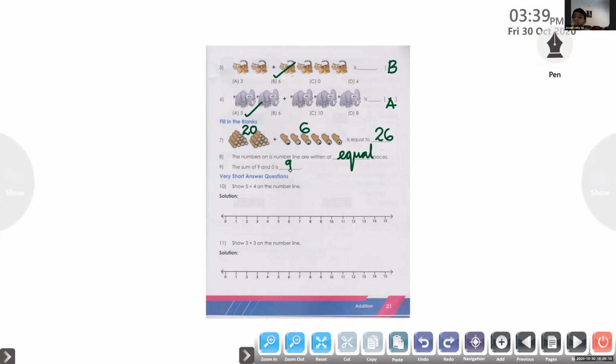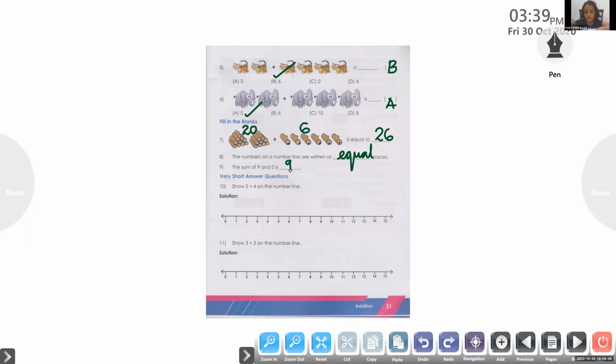Parvati, read the next one. Question number 10. Show 5 plus 4 on the number line. Very good. So what we have to do, already the number line is there. So we have to mark the number.